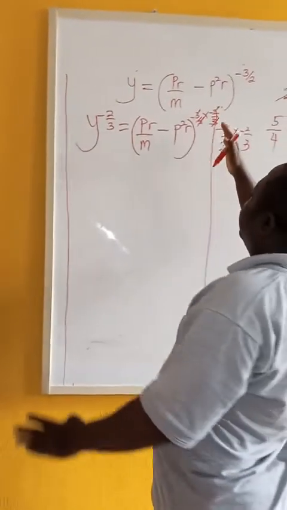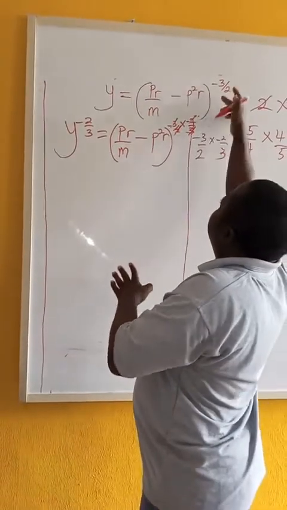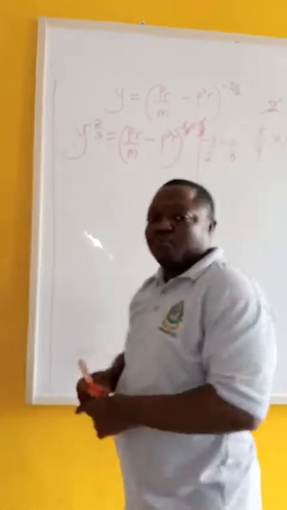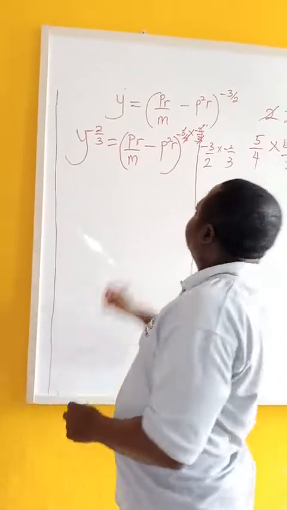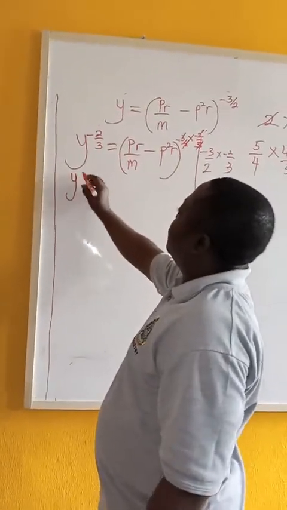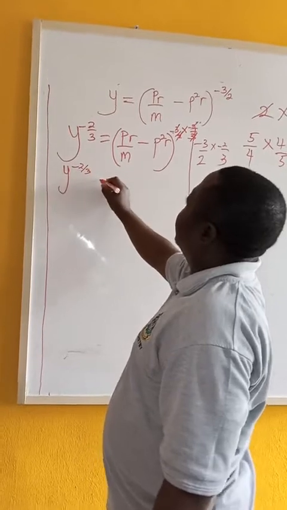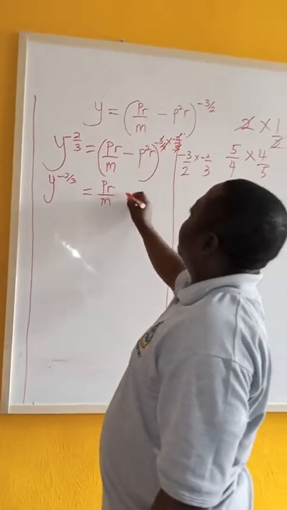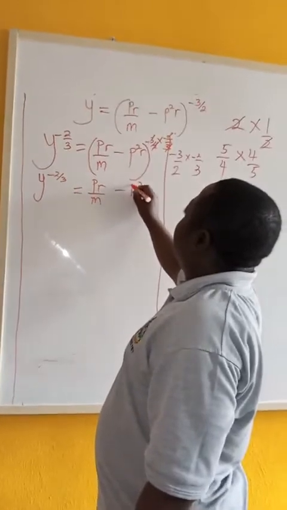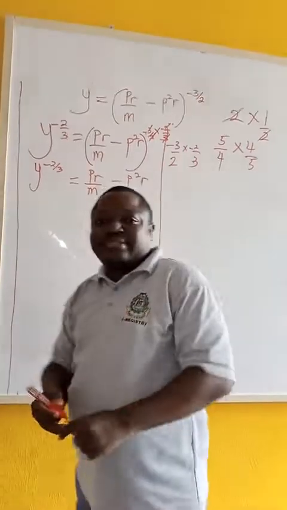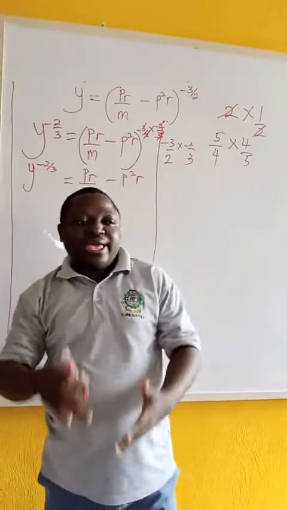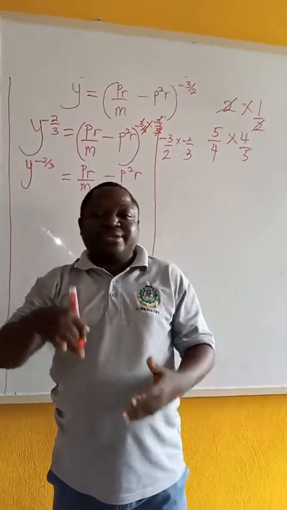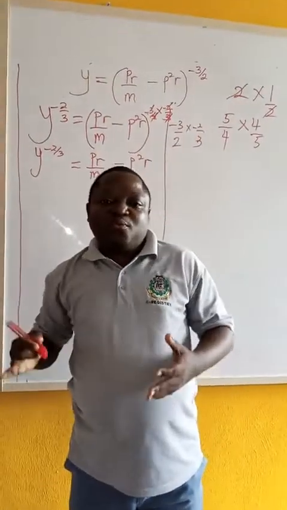So we have been able to eliminate this power, minus 3 over 2. So this is now y raised to power minus 2 over 3 is equal to PR over m minus P squared R.